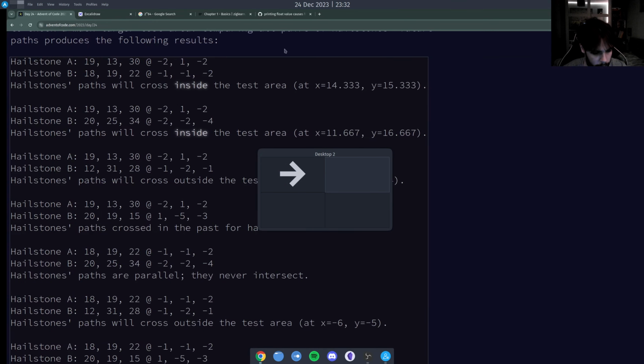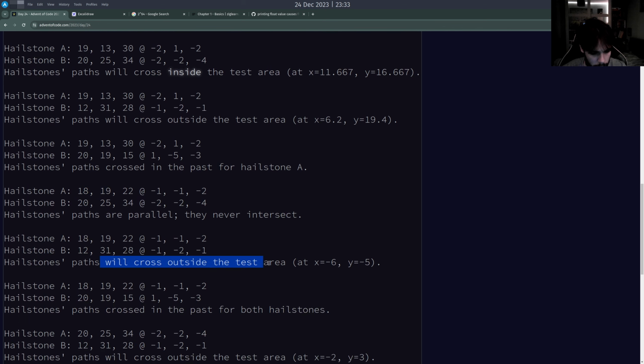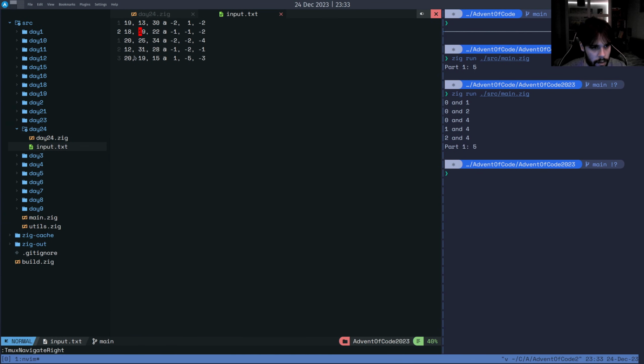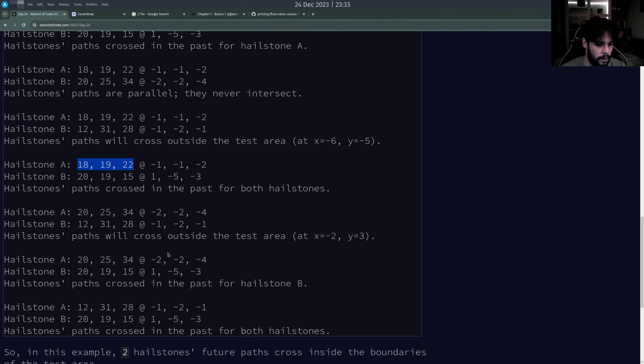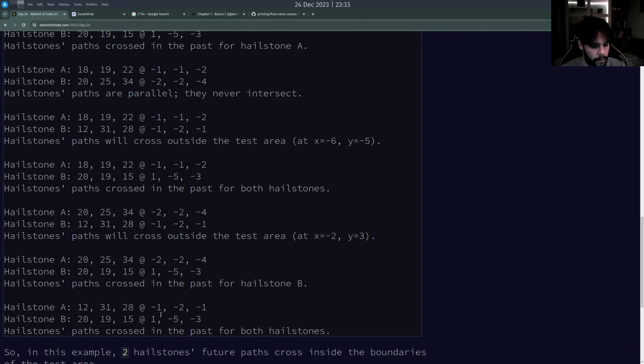Oh, right. Oh, cross outside testing. Yeah, that's fine. 18 and 20. Yes, 1 and 4, and then 2 and 4. 2, which is the 20, 25. And what's this last one? 12, 31. Oh, yes, yes.